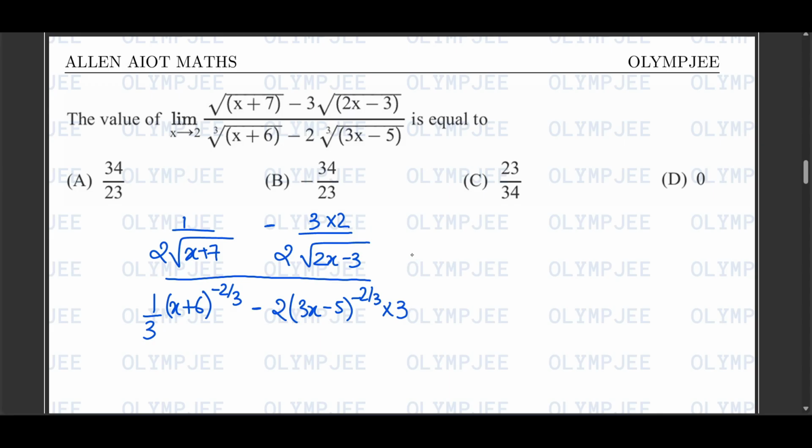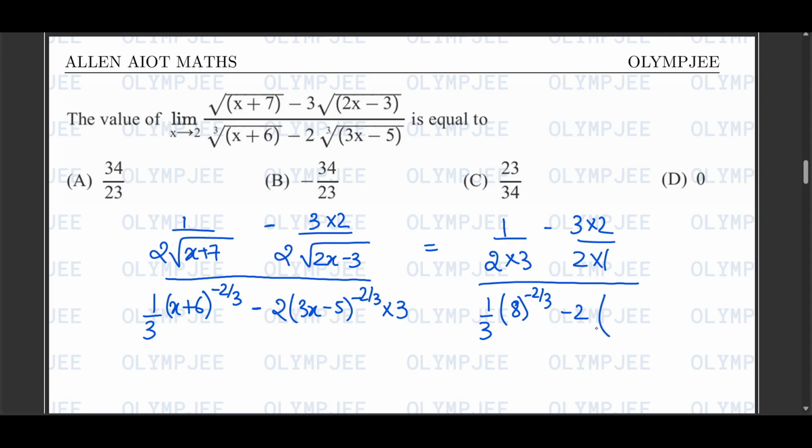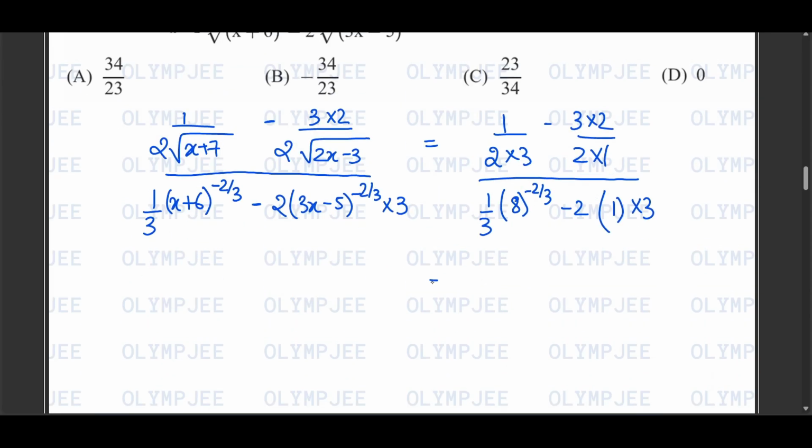If we put 2 in this, we will get 1 by 2 times 3, minus 3 into 2 by 2 into 1, divided by 1 by 3 multiplied by 8 raised to the power minus 2 by 3, minus 2, into 1 multiplied by 3.